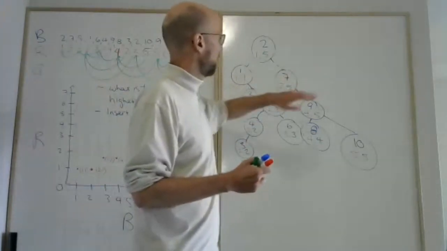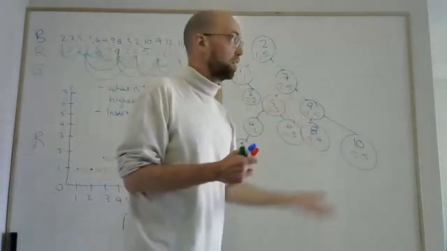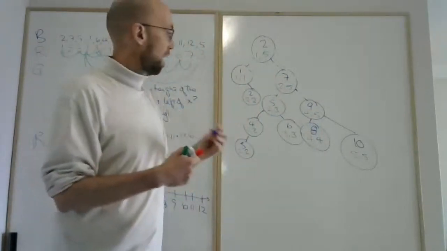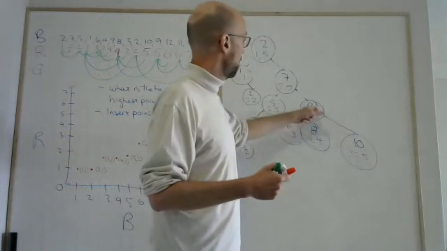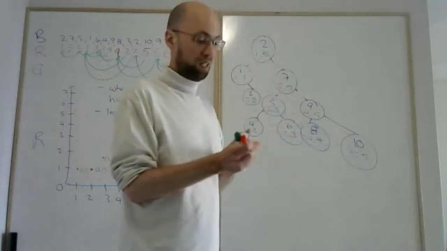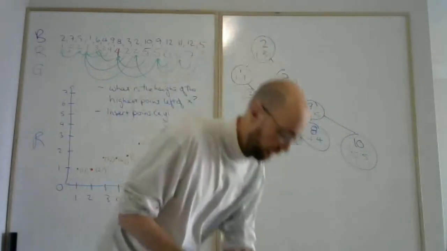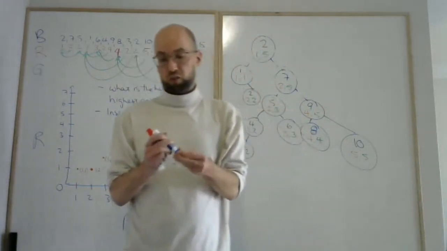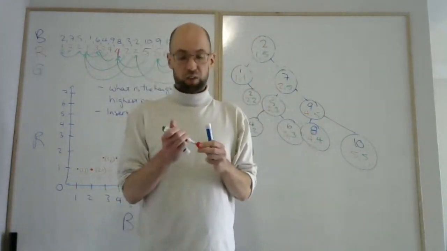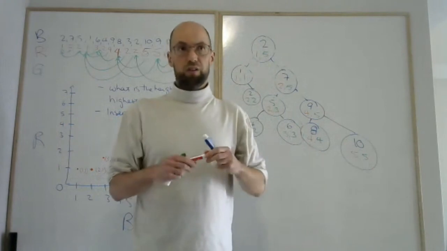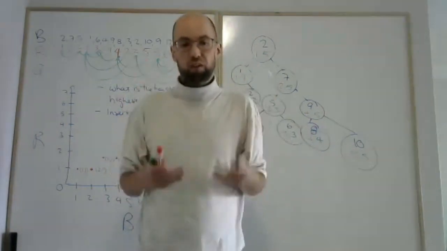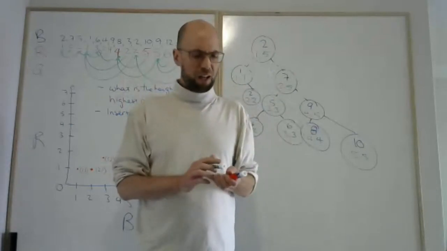And then to do the insertion takes order h time, because it's a binary search tree. And then to update the maxima stored at the ancestors takes order h time. So this whole thing is going to take order h time as we're inserting.